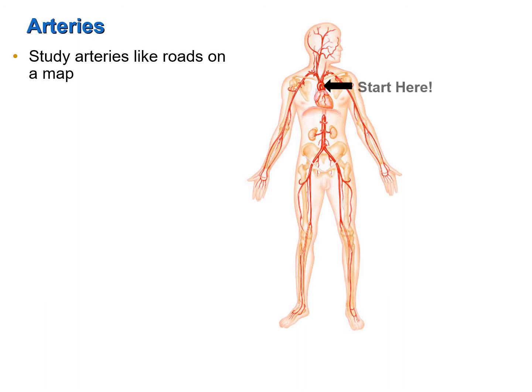We want to start here at the aorta and then follow the blood as it passes through blood vessels on its way to the head. Follow the blood as it passes through the aorta, through the shoulder, and then down to the upper appendages. Starting at the aorta and following blood as it descends into the abdominal region and then finally down to the lower appendages. Studying the arteries like roads on a map.